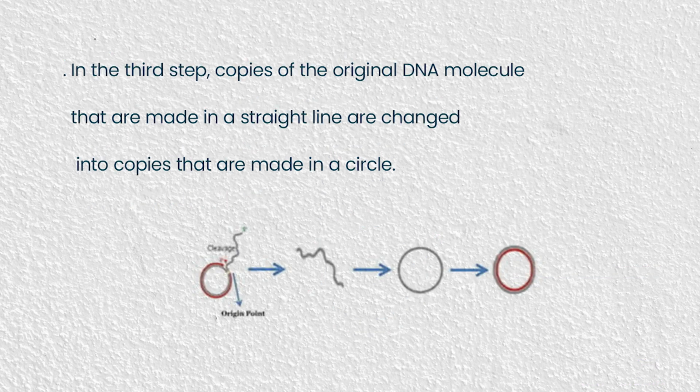In the third step, you can very well see here, copies of the original DNA molecule that are made in a straight line are changed into copies that are made in a circle.